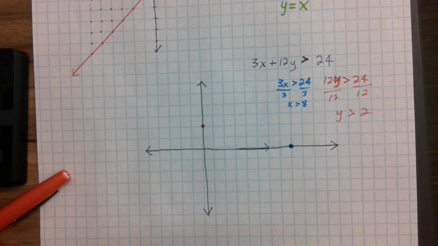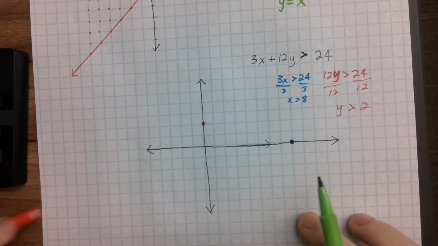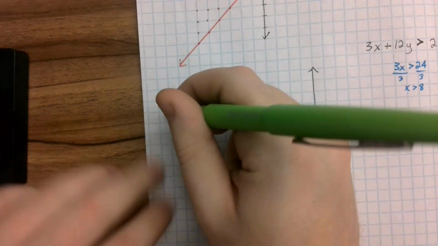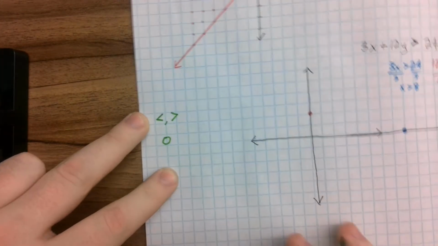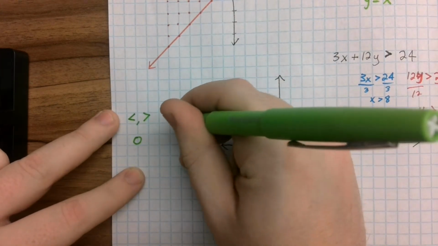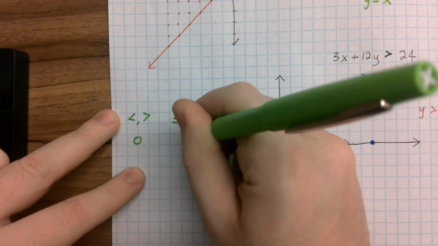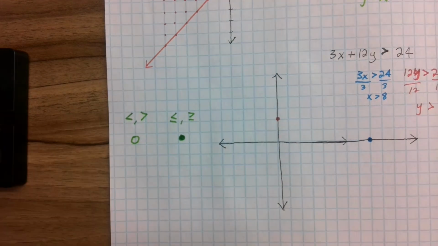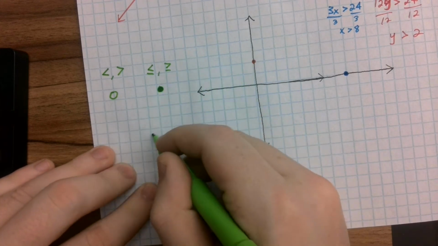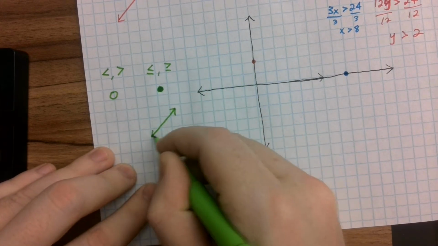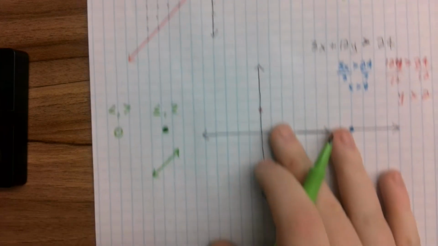But there's a new rule we got to talk about with inequalities. Remember how before, if you had a less than or a greater than symbol, it was an open circle. And if you had a less than or equal to or a greater than or equal to symbol, it was a closed circle. When we're talking about lines, if you have a less than or equal to or greater than or equal to, we just do our normal solid line, just like we did up here.